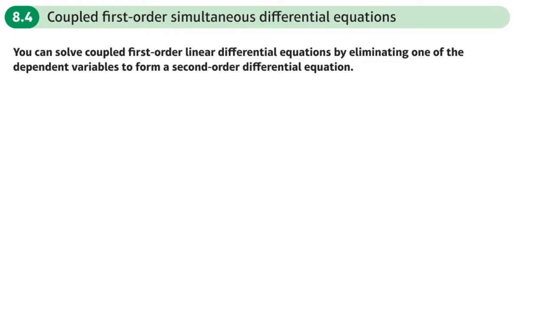So a change in one impacts a change in the other. So we've got two first order differential equations where they use different variables, and the way that we deal with them is we're going to eliminate one of the variables like x or y, so that we end up with a single equation, and that's the method we're going to use.